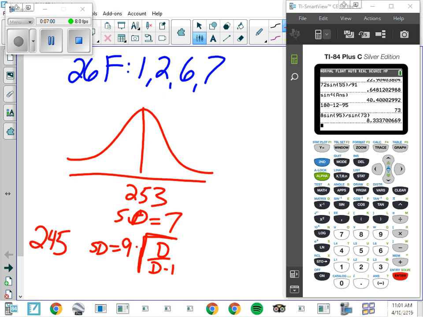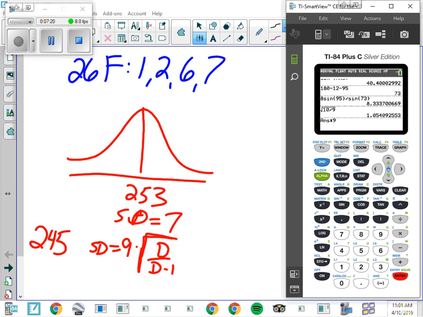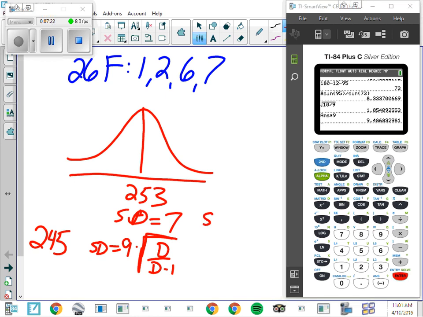The square root of 10 divided by 9 tells me that my SD needs to increase by 5.4%. And that just makes us a little bit more accurate. So I multiply that by 9, and I get my SD plus is 9.48. Now what do I do?